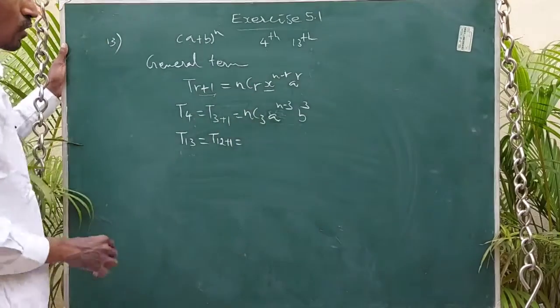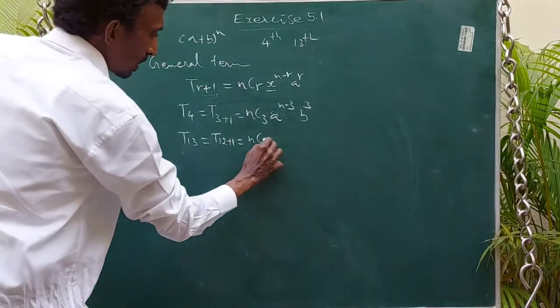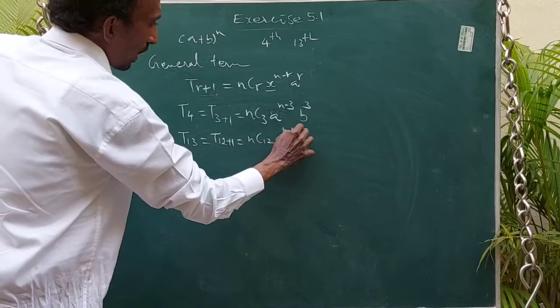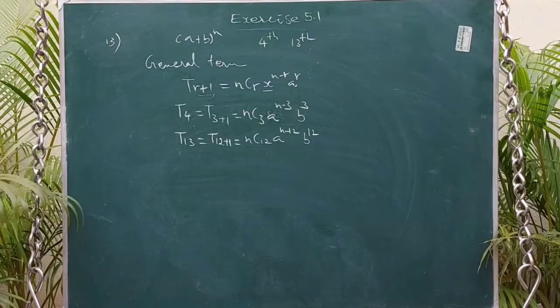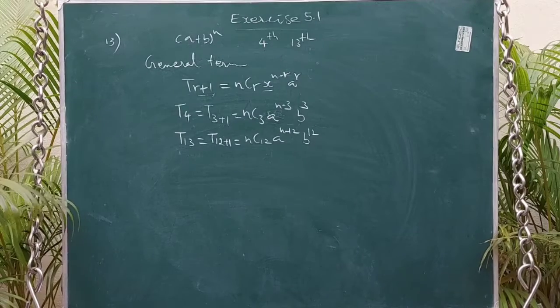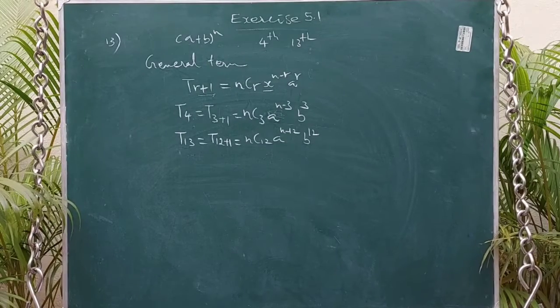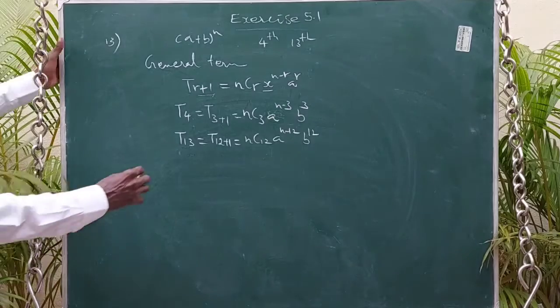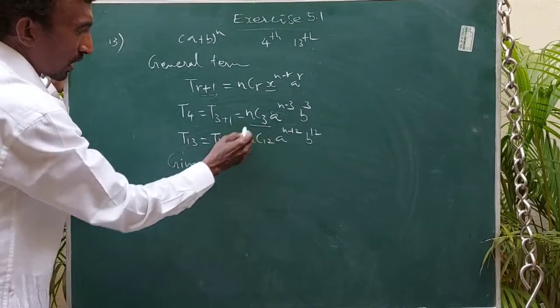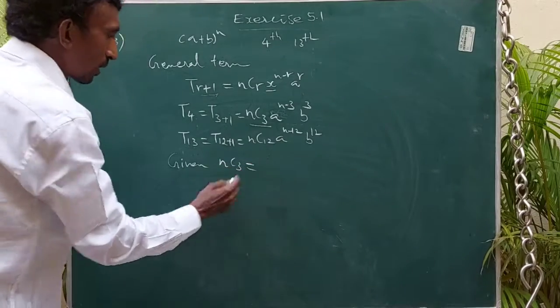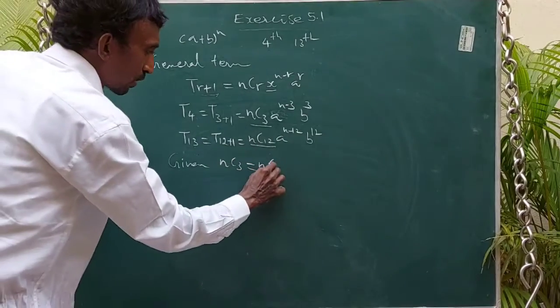In the same formula put r equal to 12: nC12 a power n minus 12 b power 12. So these are the fourth term and the 13th term. Now given that the coefficients are equal, the coefficient of the fourth term is nC3 and the coefficient of the 13th term is nC12.